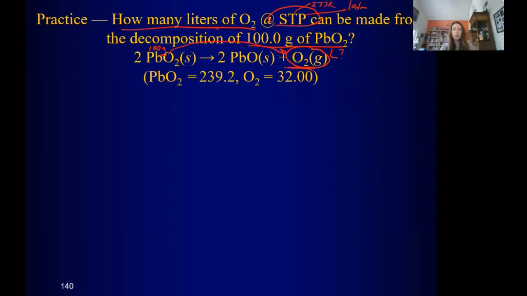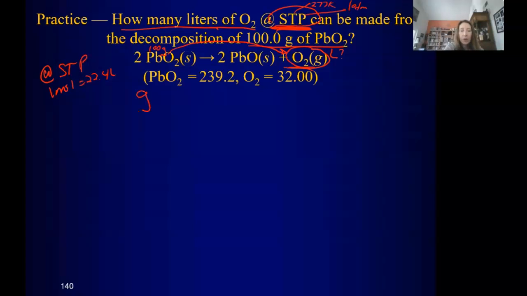Okay, so we have a couple different ways to do this. We could do PV equals nRT, do our mole ratio, and then go over to volume. But this STP gives us a little shortcut. Remember, at STP, 1 mole of any gas occupies 22.4 liters.